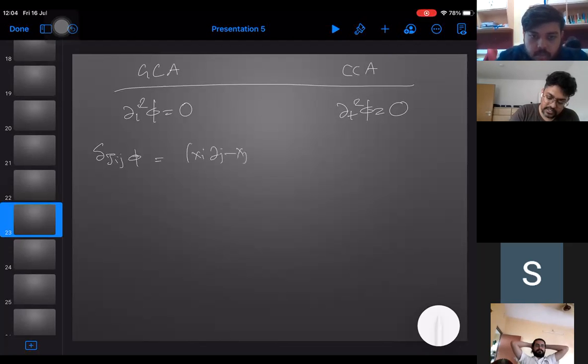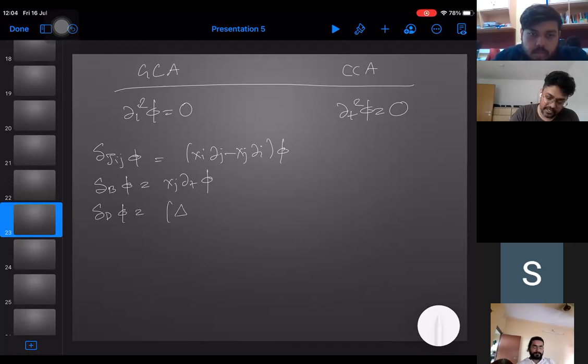As this is just a scalar field, rotation will be only the space-time part. Similarly, the boost will give you this, and the dilatation will have the scaling weight, which is given by this.